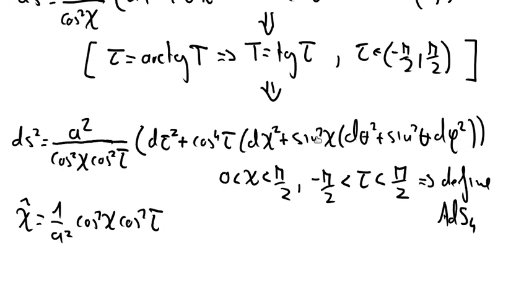we have the metric of the round 3-sphere, and this corresponds to the scale factor, and this is the cosmological time.